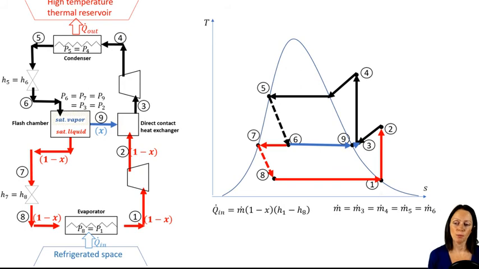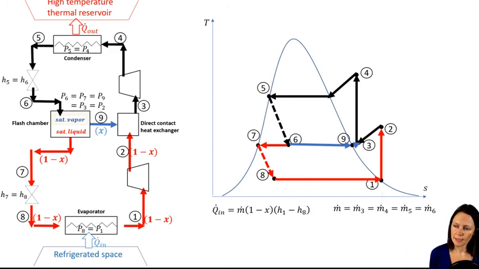So you need to multiply this by 1 minus X. And if you need a little bit of a refresher on how we calculate all this, I would suggest that you go back and review the calculations for the Rankine cycle with regeneration, with the open feed water heater and the closed feed water heater, and make sure you see how we got here. And once again, you can see where the mass flow rates are equal. M dot, the total mass flow rate, is equal to M dot 3, 4, 5, and 6. So that's Q dot N.